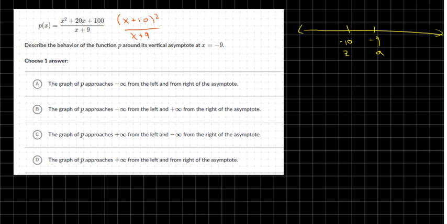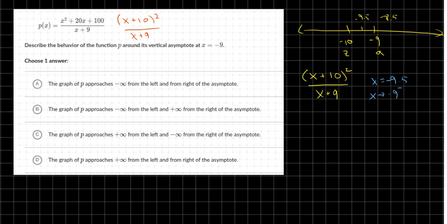Now I want to make sure I choose a value that's between here, so I'm going to choose negative 9.5 and negative 8.5, and we'll see what happens. Now, when x equals negative 9.5, that means x is approaching negative 9 from the negative side.